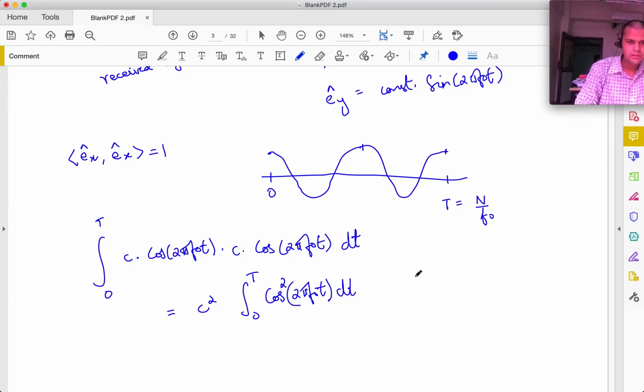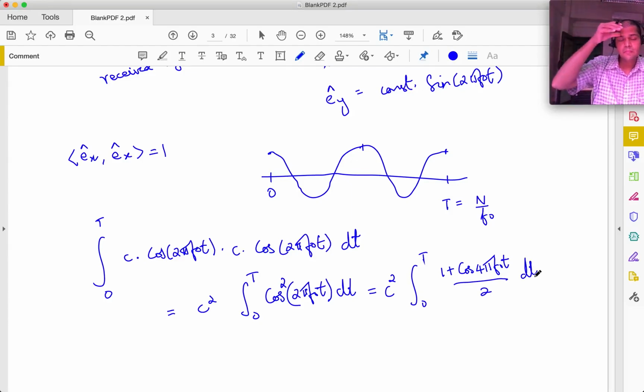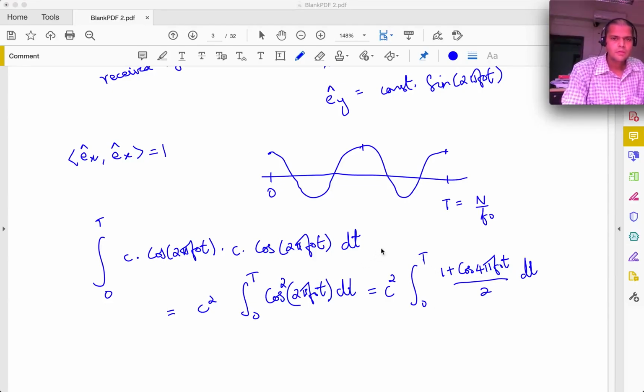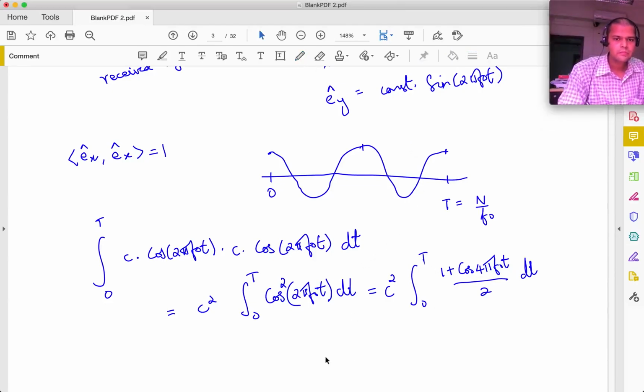And this is c squared times the integral of (1 plus cos 4 pi f0 t) divided by 2, dt. So what does this become?